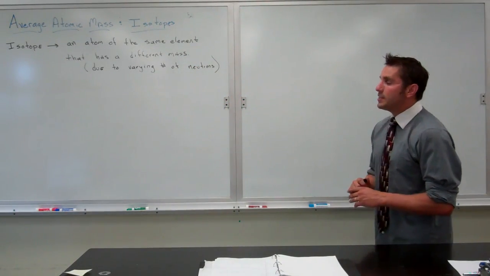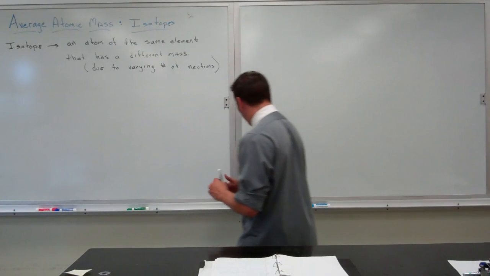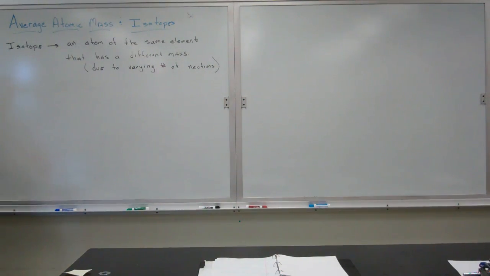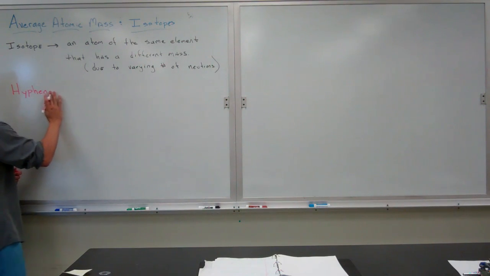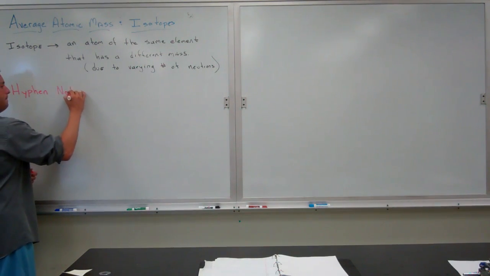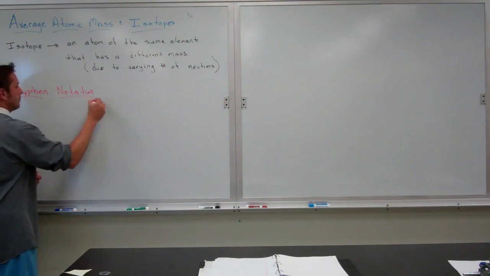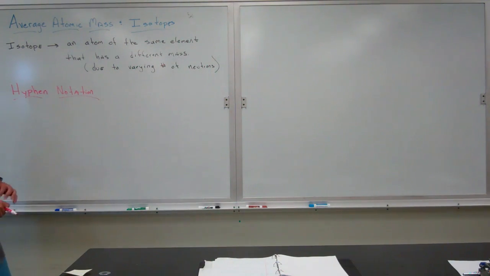So if we're going to look at things about isotopes, we want to discuss a terminology that you'll see with isotopes that is called hyphen notation. Hyphen notation was created to show that varying elements can have different numbers of neutrons.